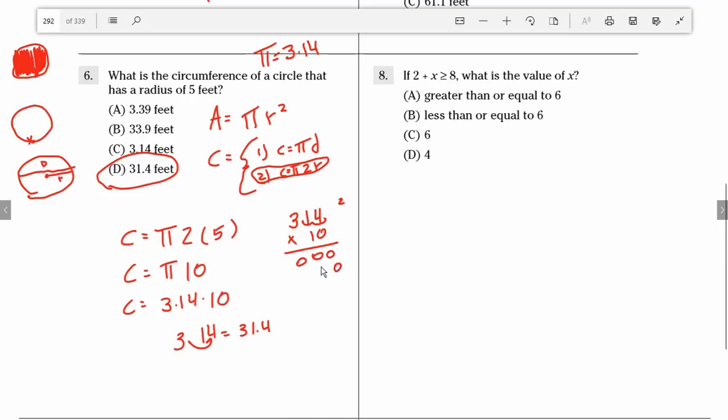Bring down a 0 since you're starting a new number. 4 times 1 is 4. 1 times 1 is 1. 3 times 1 is 3. Add. 0 plus 0 is 0. 0 plus 4 is 4. 0 plus 1 is 1. 3 plus 0 is 3. Bring in your 2 decimals: 1, 2. 31.4. Same result. Okay?